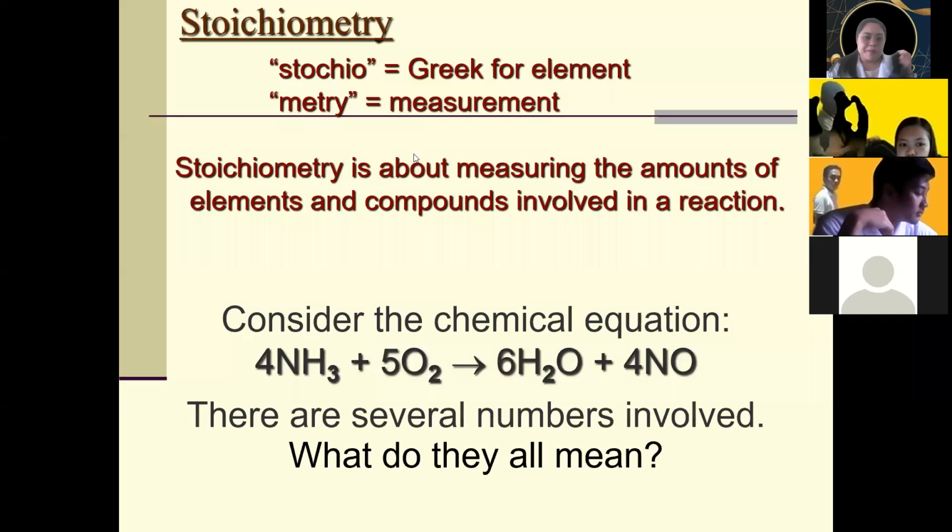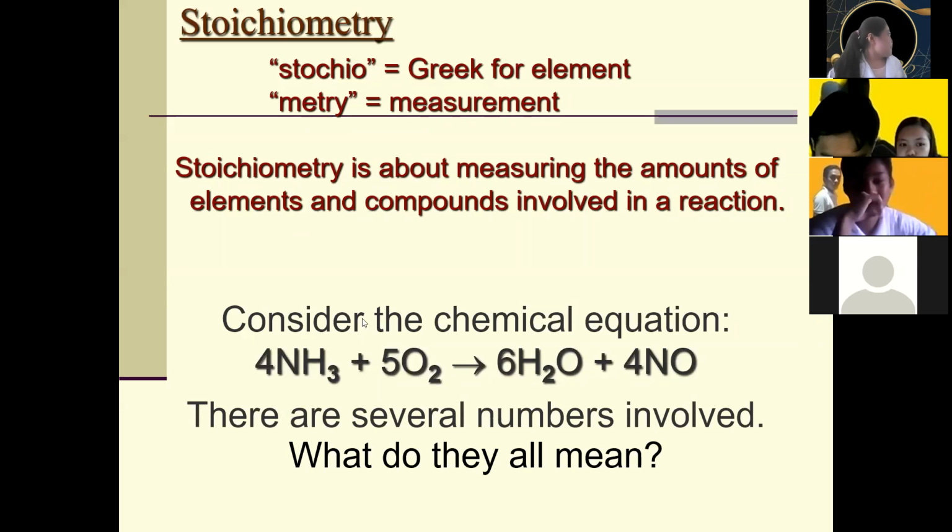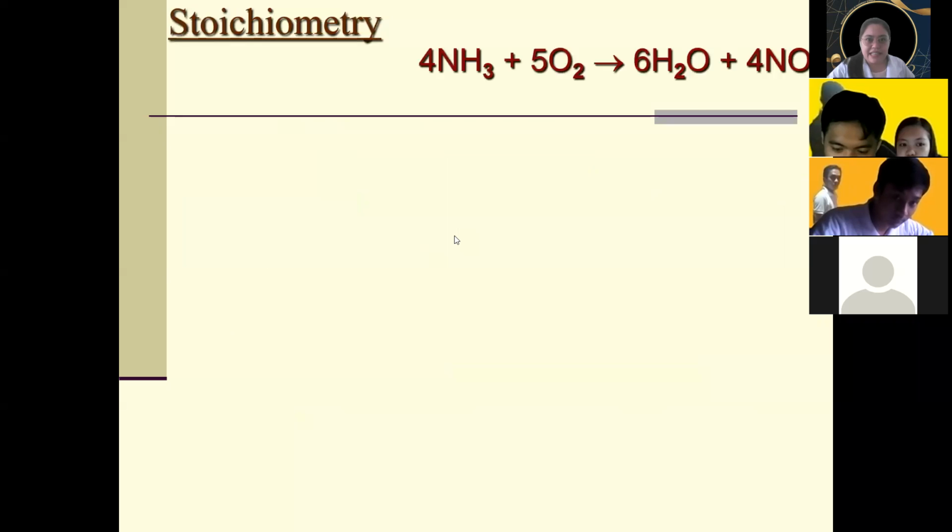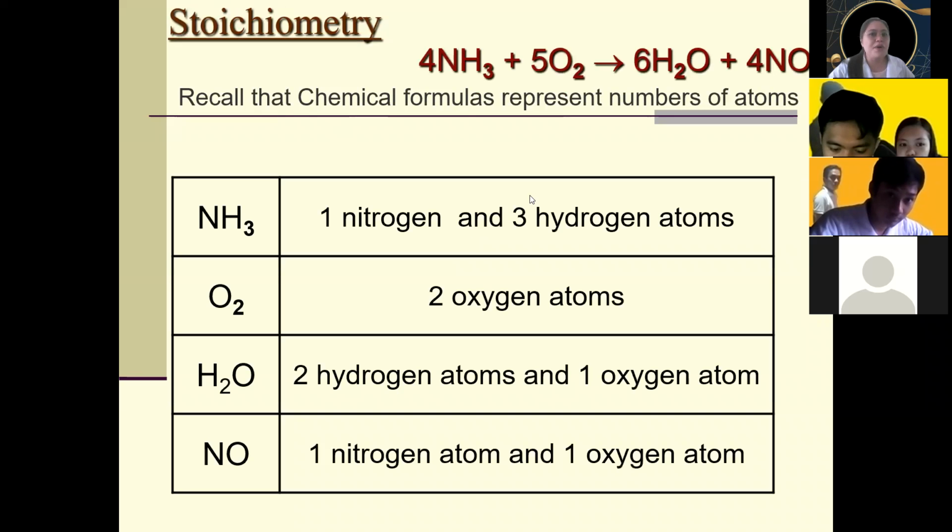Sige, let's move on. So, in this equation, class, we will identify several numbers involved and what they mean. So the first number that we can see there is the number of atoms in each formula. The subscript, okay?